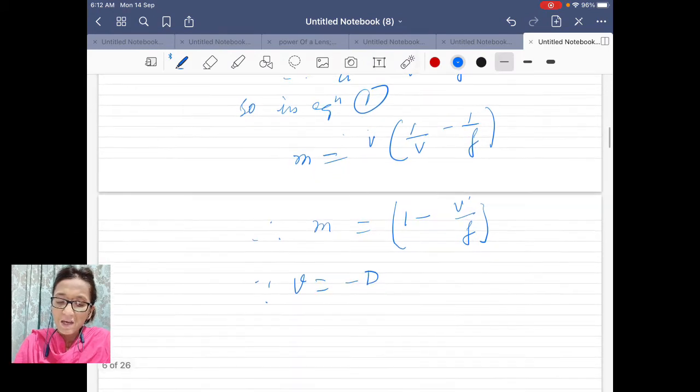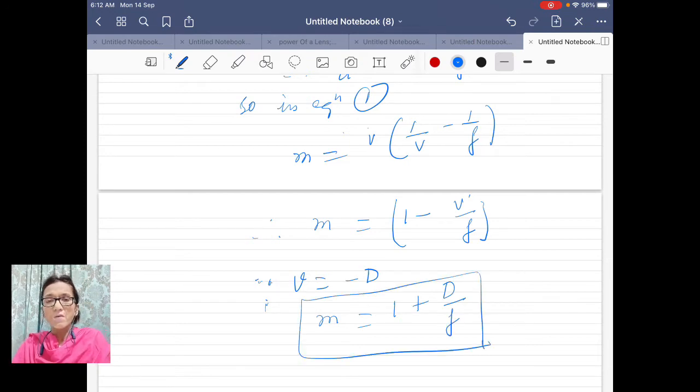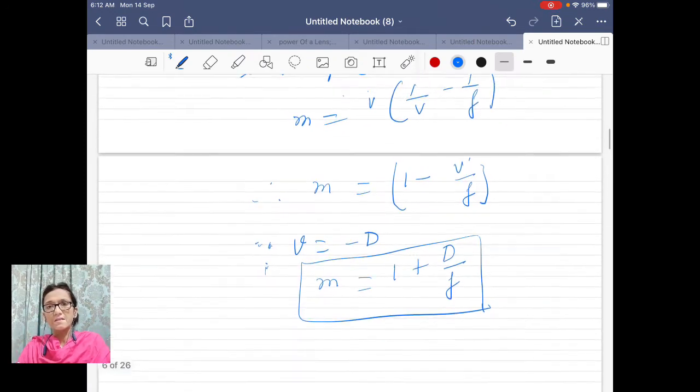Since V is negative, M comes equal to 1 minus (minus D) by F, which is 1 plus D by F. So this is the magnification when the image is formed at near point.